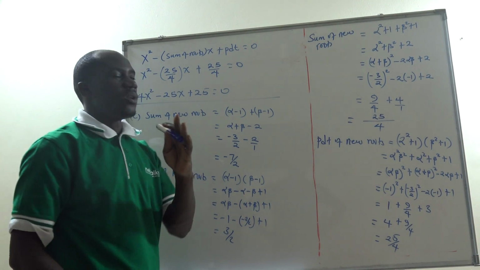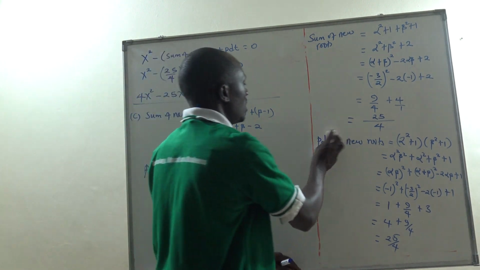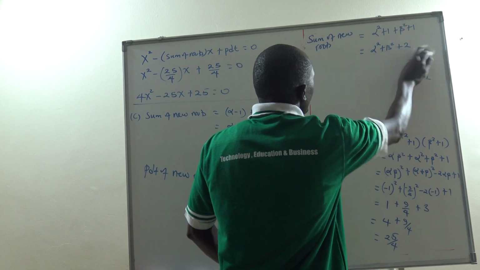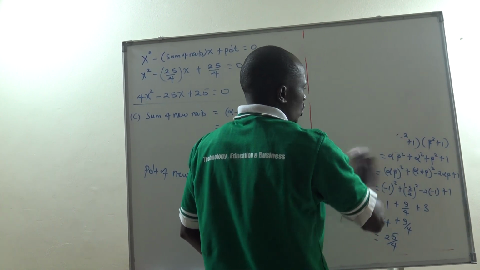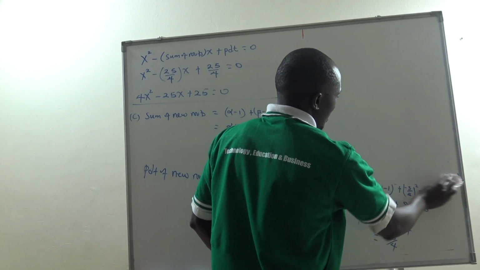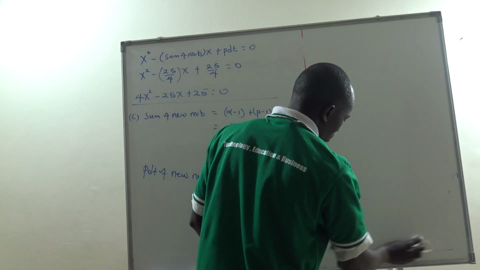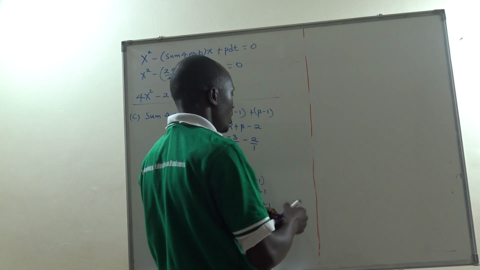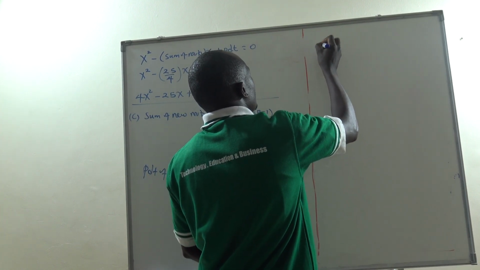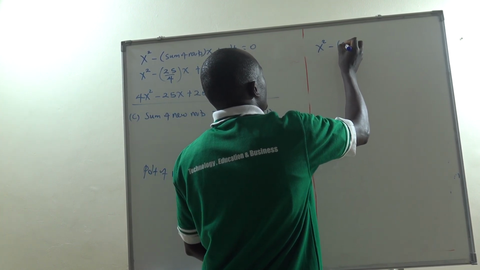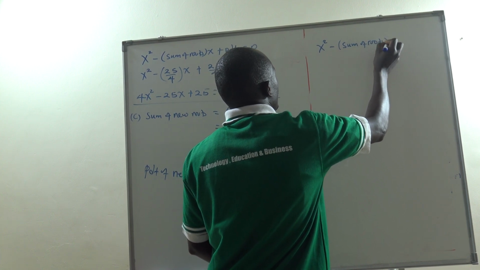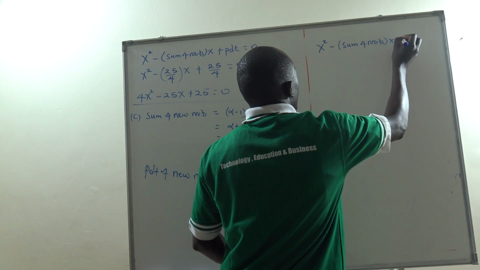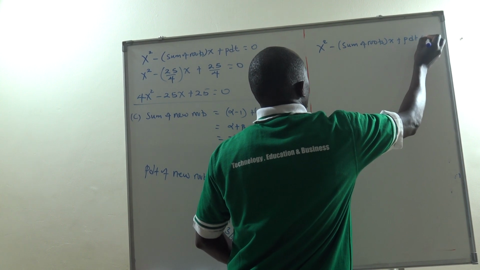Then from there, we are free now to substitute in our formula. To get an equation, we are going to say x squared minus the sum of roots x plus the product equals 0.